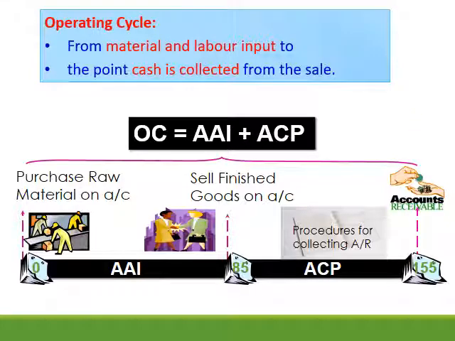So you can see it stretches from the very first day to the very last day, until the point where the cash is collected from accounts receivable. Any question regarding operating cycle?